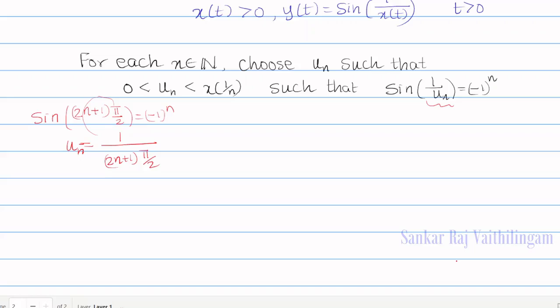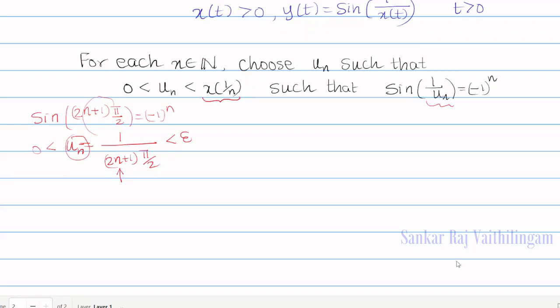So we will have 2 by (2n plus 1) pi. If n is large, we can make this less than any epsilon. For any given epsilon we can choose n large so that it is always greater than 0. We can always choose u n in this manner. Here, instead of epsilon, I have x of 1 by n.